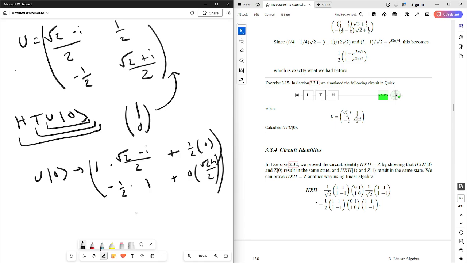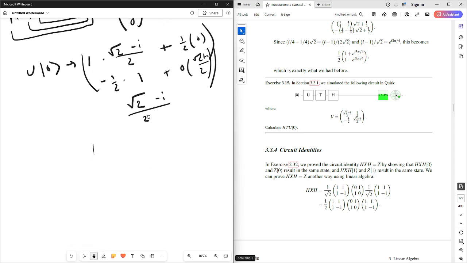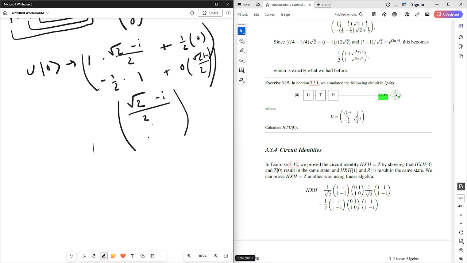We wind up with (square root of 2 minus i) over 2 and minus 1/2.